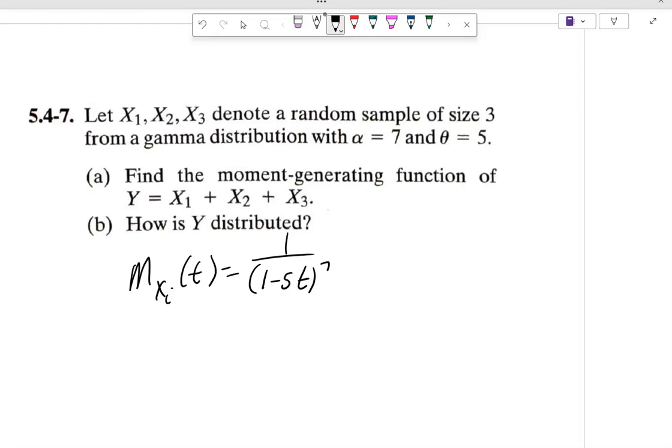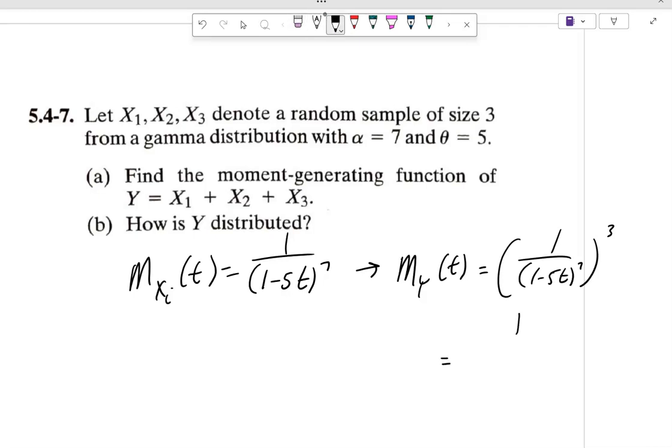When I multiply these together, does the 5 change? No. We're just going to take 1 over 1 minus 5t to the 7th and then cube it, right? Because I got 3 of them in this case. So you get 1 over 1 minus 5t to the 21st. Still gamma.